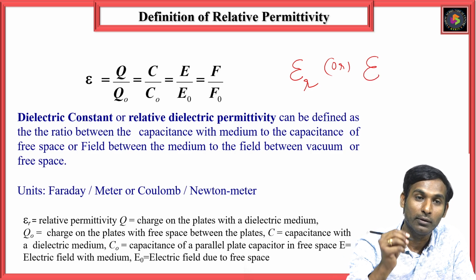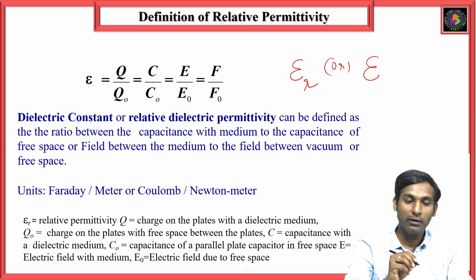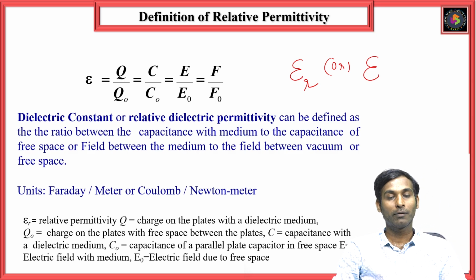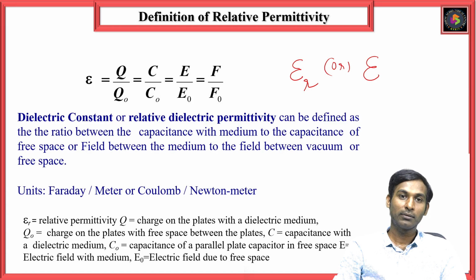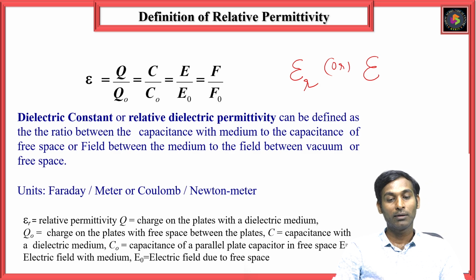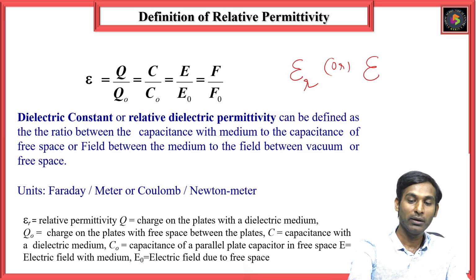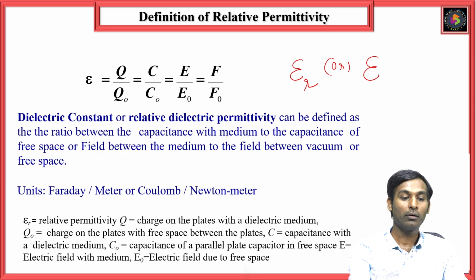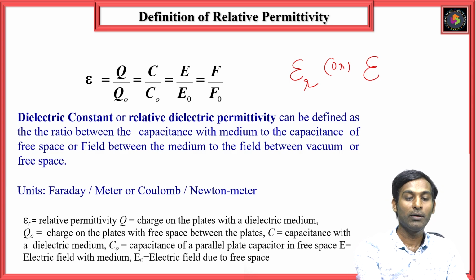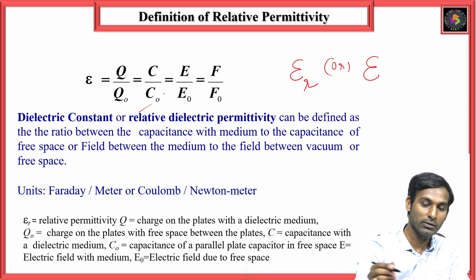It is equal to Q by Q naught, or the capacitance of the charged capacitor to the capacitance of the capacitor with air medium, C by C naught, E by E naught, or F by F naught. So the dielectric constant or relative permittivity can be defined as the ratio of capacitance with the medium to the capacitance in free space, or the field in the medium to the field in vacuum. This is the free space region.